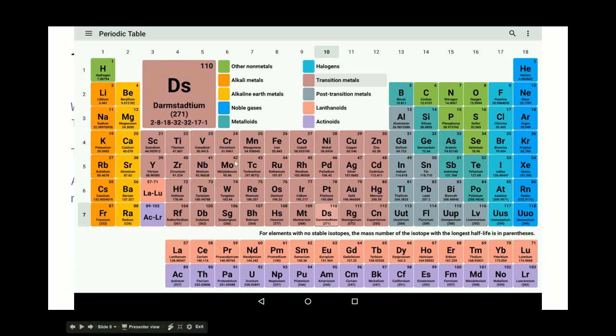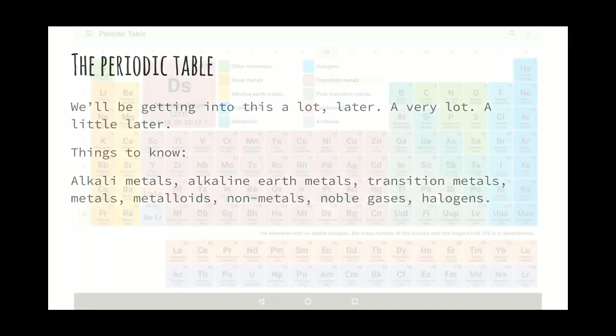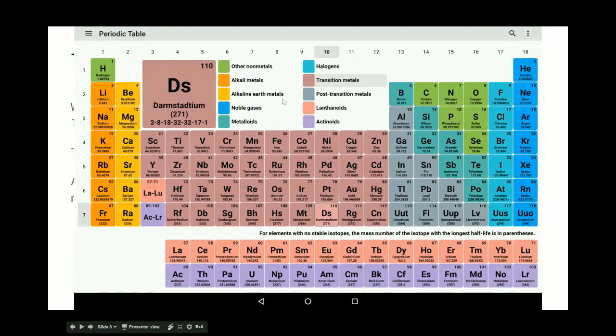The rest of the non-group ones, the transition metals, don't share similar chemical activity, but they do share certain trends and properties, similar for the post-transition metals, that allows us to consider them all as a sort of pseudo-group, a semi-group, that sort of thing. So those are the various sections of the periodic table you need to know about. Okay? You definitely need to know the names for the alkali, alkaline earth, noble gas, and halogens.